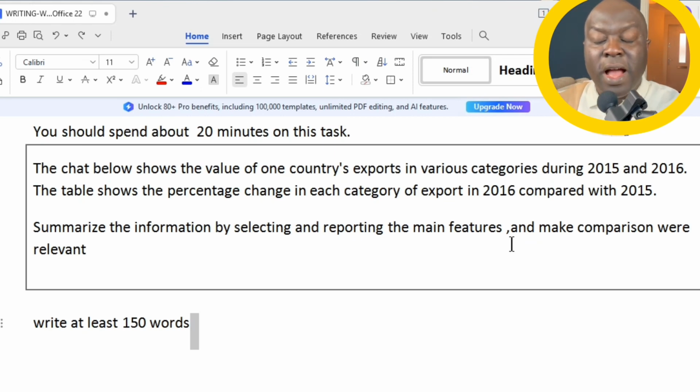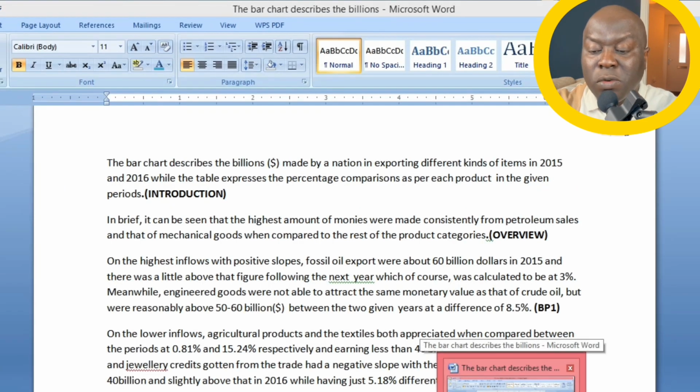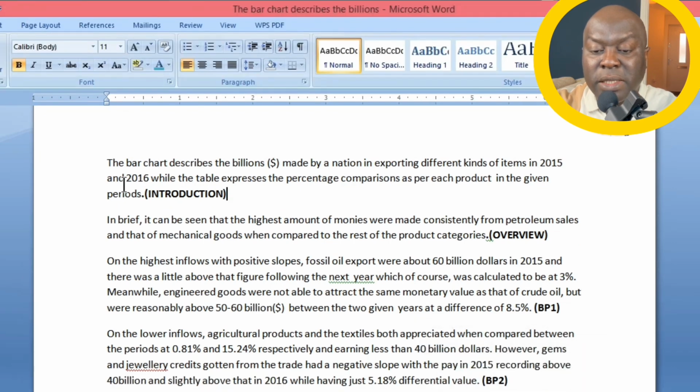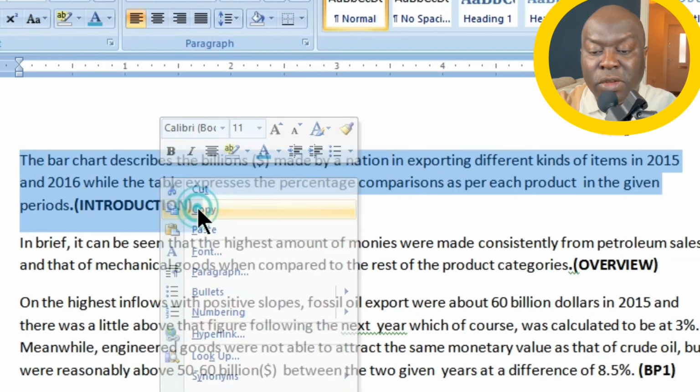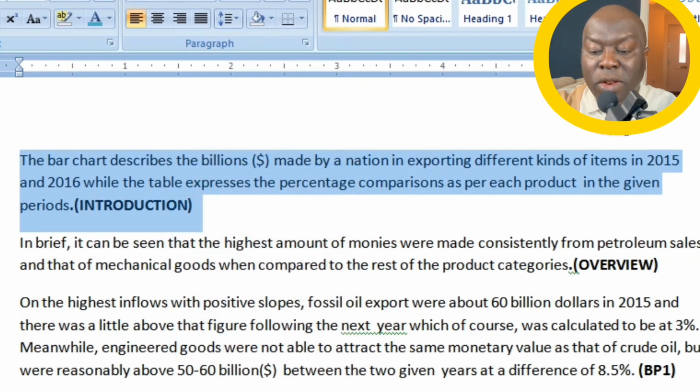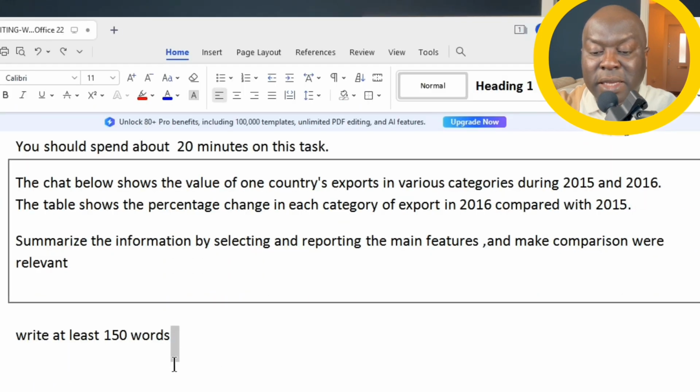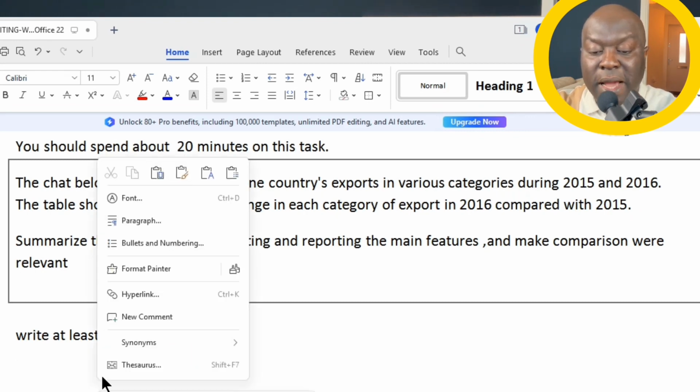Now, we are looking at the chart. They said paraphrase. Thank God I've done this question. I'm going to bring out this introduction so that we can look at it with the question prompt side by side.